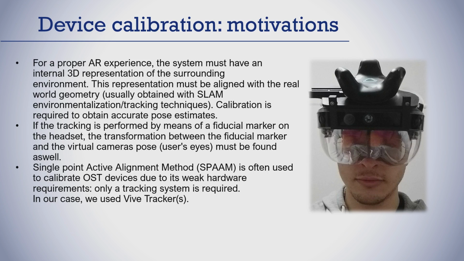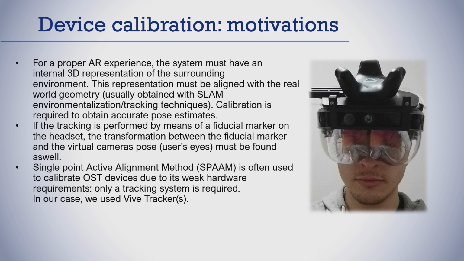So why do we need calibration of the devices? For the way augmented reality works, to place a virtual object in the scene, you have to have an internal representation of the scene inside your system. And that internal 3D model of the scene must be ideally perfectly aligned with the real-world geometry.